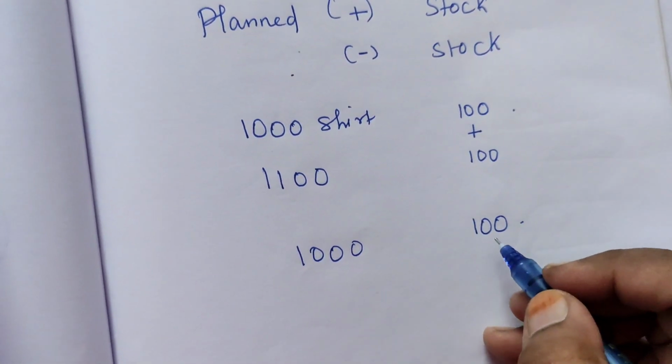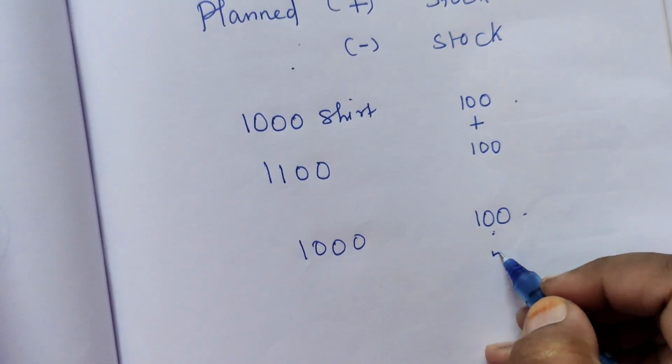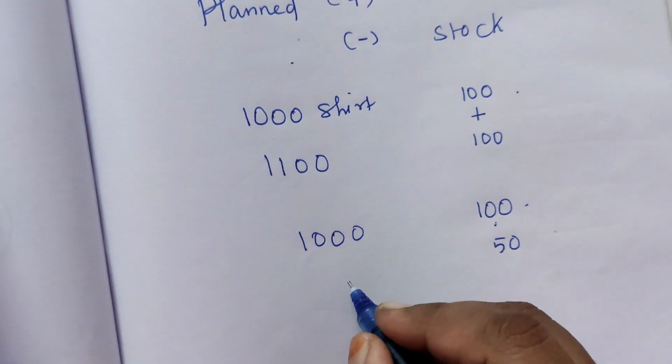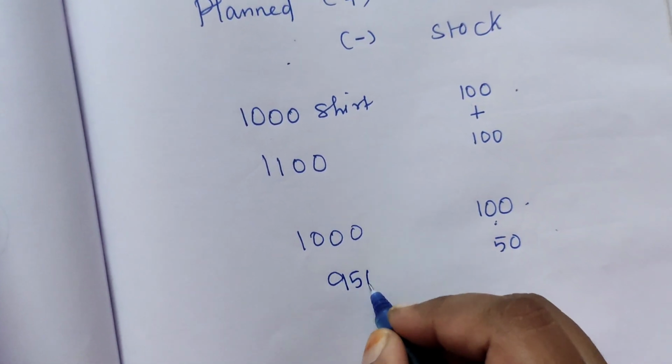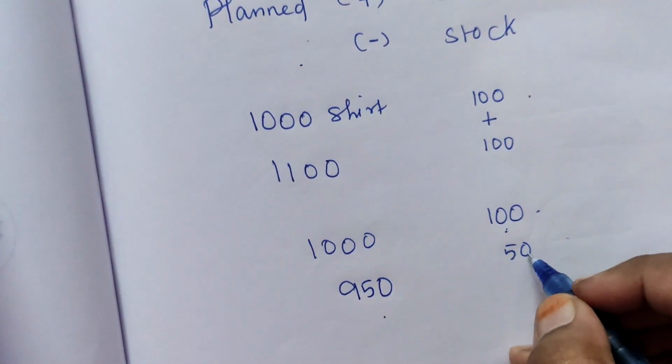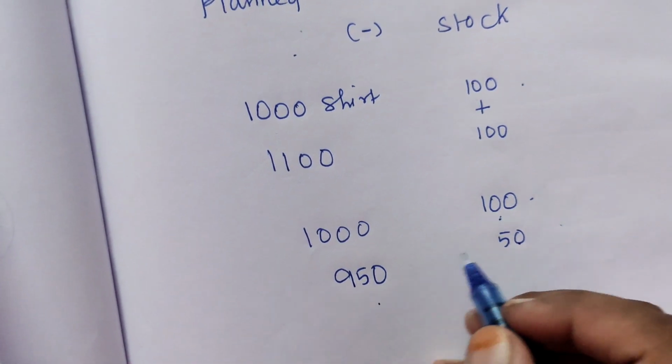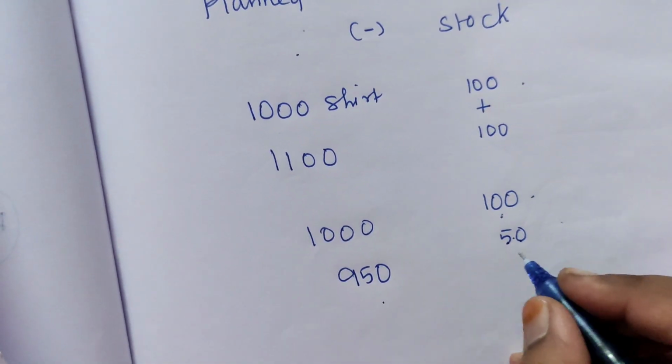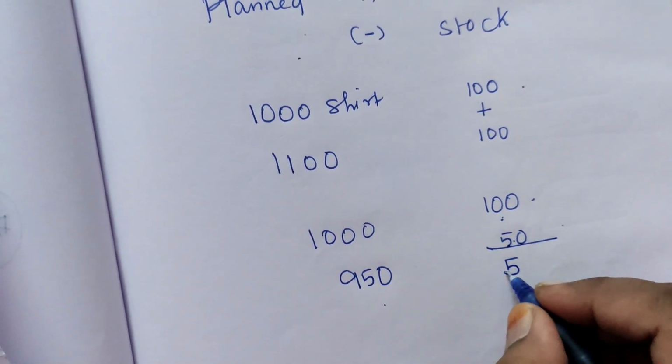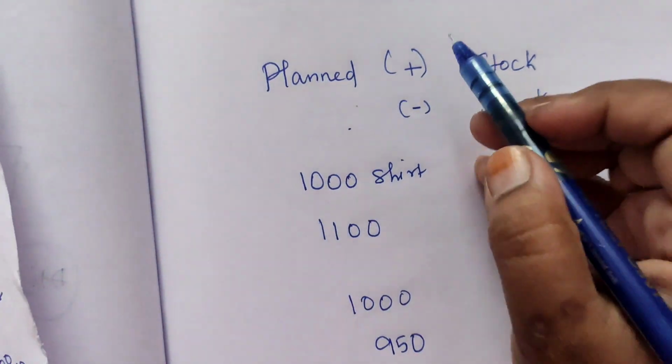Now you want to reduce this stock from 100 to 50, so you will deliberately produce only 950 shirts and take out 50 shirts from the stock, so that automatically the inventory will reduce to 50. So this is considered as planned decumulation of stock.